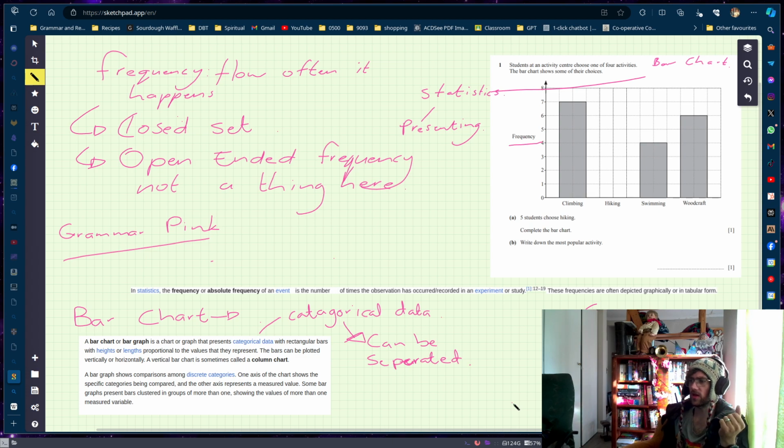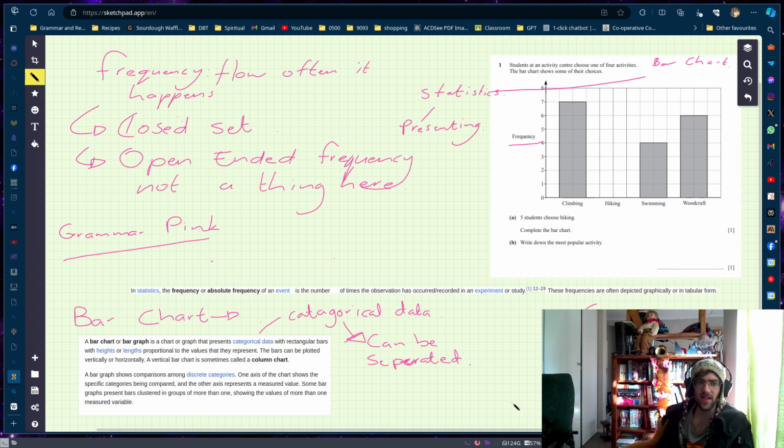That would, to a degree, be categorical because it falls within that category. But what has to happen is that I have to clearly separate those things so that they can be separate categories.